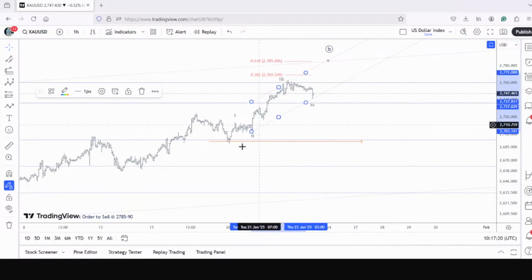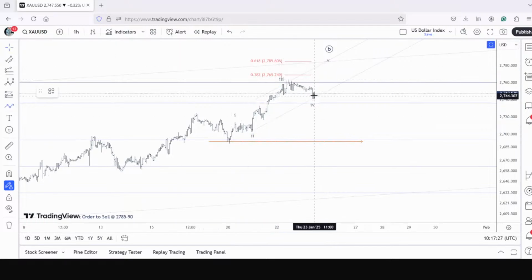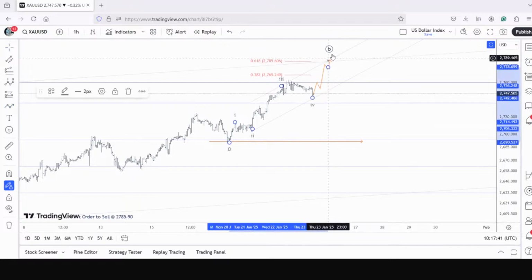The current lower degree channel is converging with the higher degree channel as well. So let's draw the path from here now. If it is wave one, and then two, three, four, and five, that should ideally be the next move in gold.